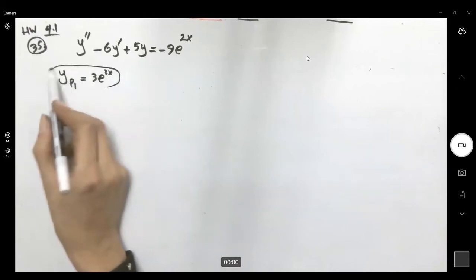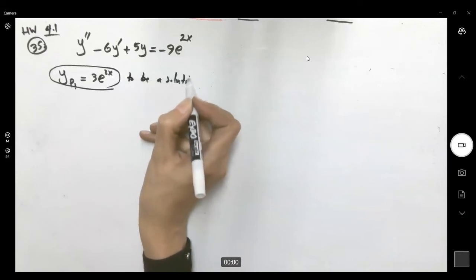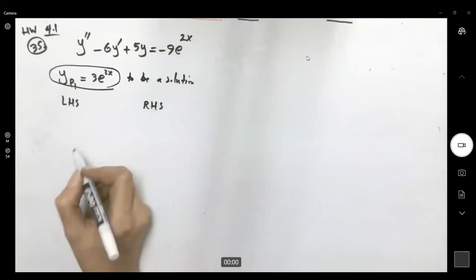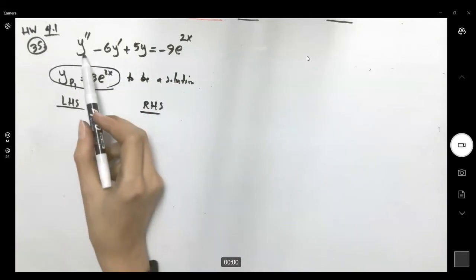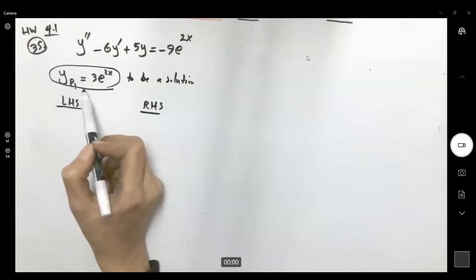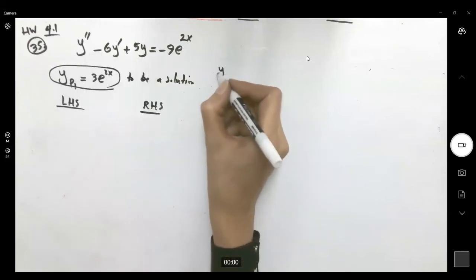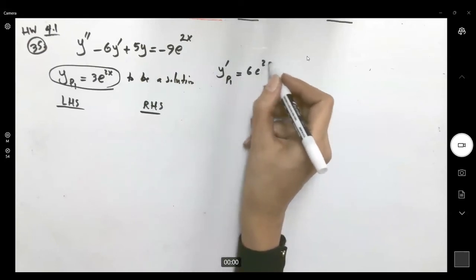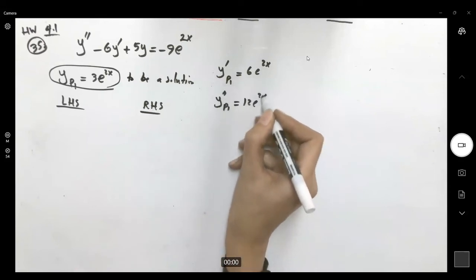So for this to be a solution, it must satisfy the left-hand side and right-hand side. So what is the left-hand side of this differential equation? We have the second derivative of this, the first derivative, and then plug that in. The first derivative of this solution is 6e to 2x, and the second derivative becomes 12e to 2x.